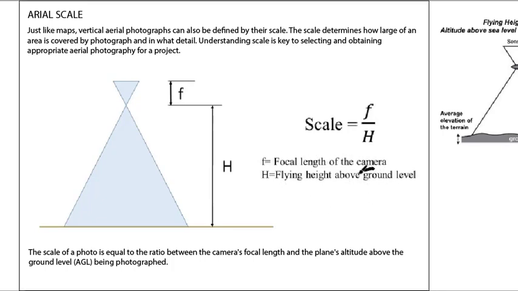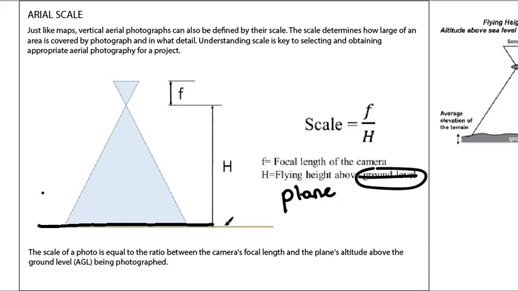See, flying height above the ground level, it's not that. It is the flying height above the plane of which we are taking the photograph. Now see, if this is the ground level and we are taking a photo of some minimal object on the ground, the height from this point up to the plane of which we are taking the photograph is the height h.